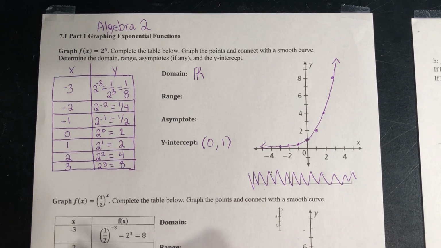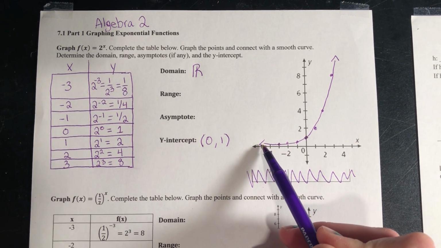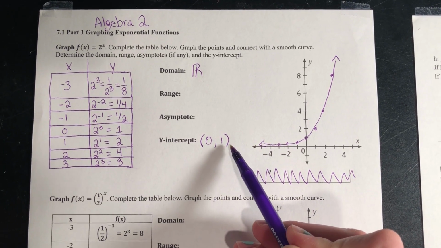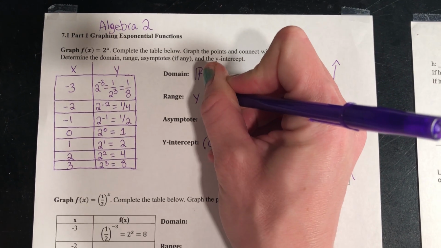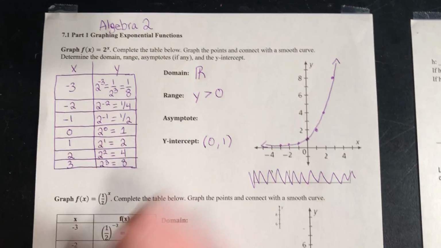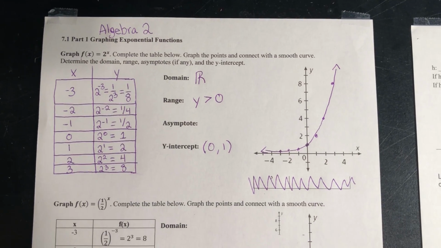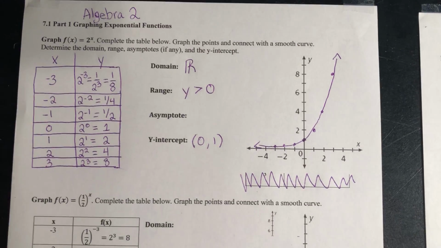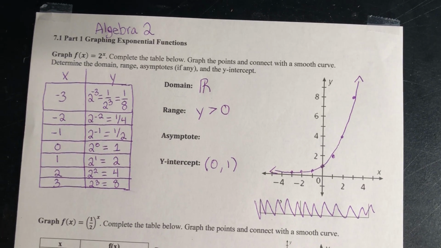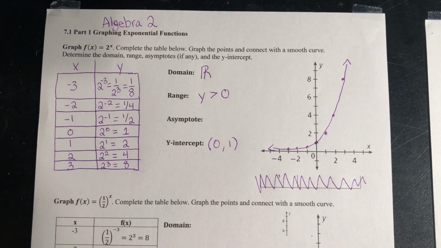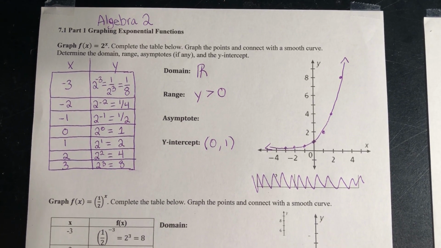Our range, however, can get as close to 0 as possible, but doesn't ever actually cross it. So our y value has to be greater than 0. Now, we've talked about asymptotes before, and asymptotes are at what point can that not be? So where can the y value not be?